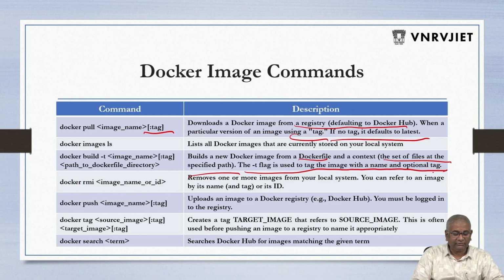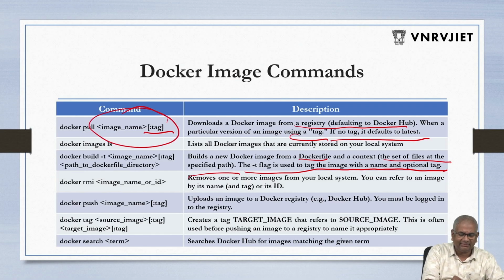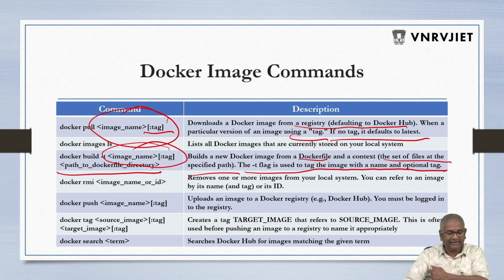So we can use -t to give a name for that image. Similarly to how we pull an image and tag name, we can create our own image name and tag name like this, followed by a space and the path, whatever file name that we want to give.